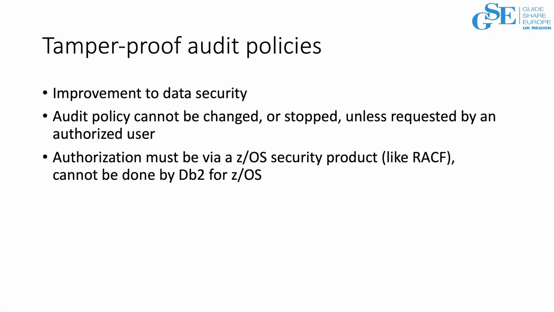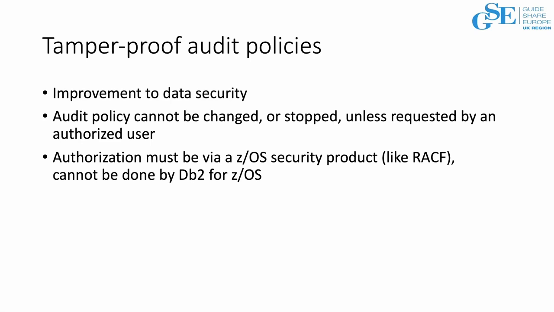Next, tamper-proof audit profiles. This was introduced in function level 509. This can't be modified or stopped unless the user is authorized to access the audit profile. As an example, in z/OS, if you're using RACF, that added security is added with RACF.